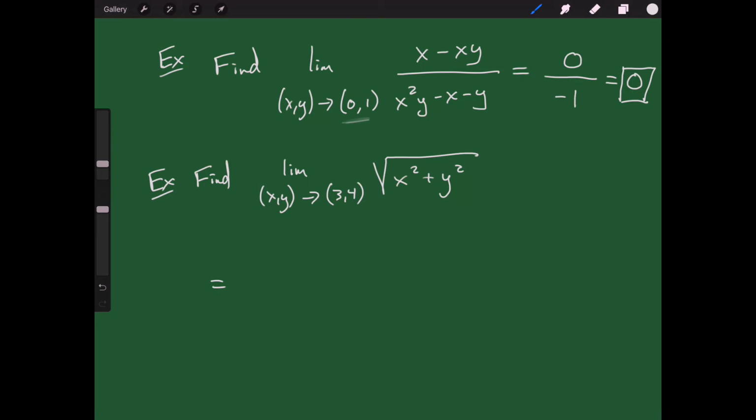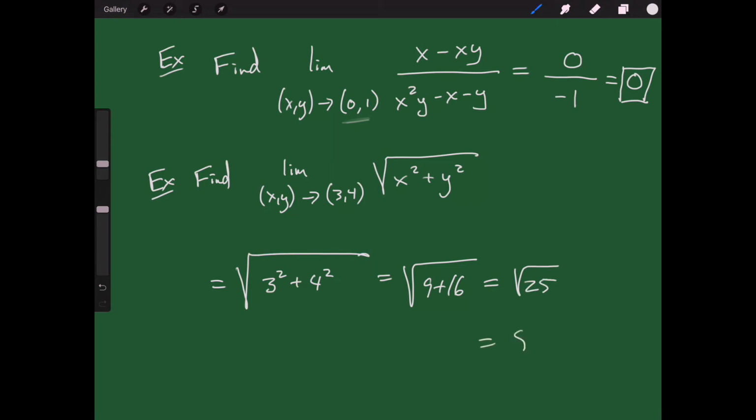No. There's no division by 0 going to be happening, so I can just go ahead and plug it in, and I get the square root of 3 squared plus 4 squared, which is the square root of 9 plus 16, which is the square root of 25, which is just 5. Make sense? So the first thing that we would always do, and we still do it now, is we just try to plug in the point itself. And if we can plug it in and we don't cause any division by 0, it's great. We can just get the limit that way.